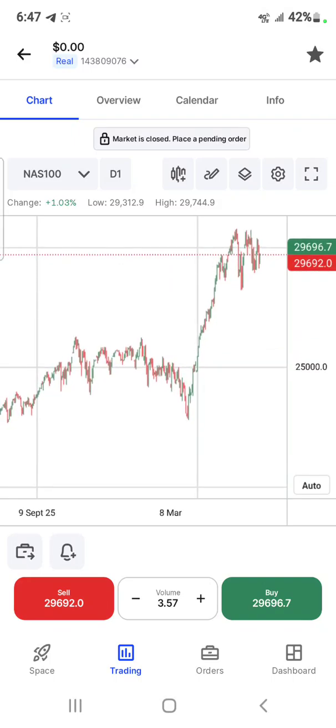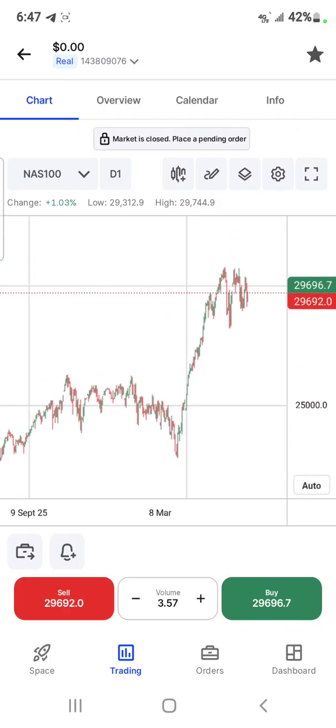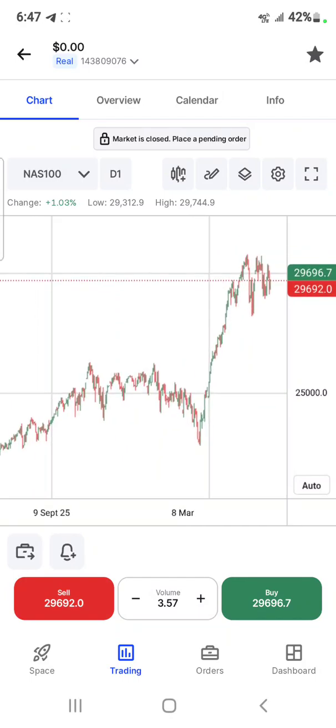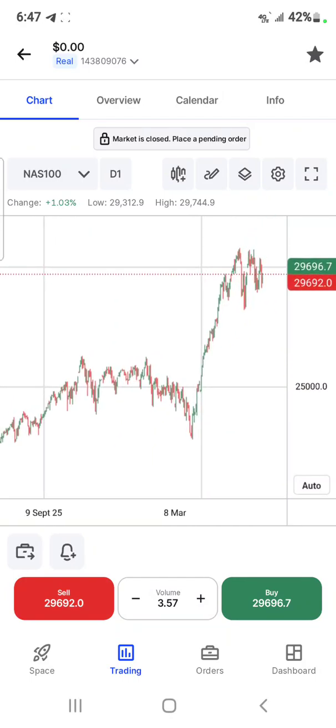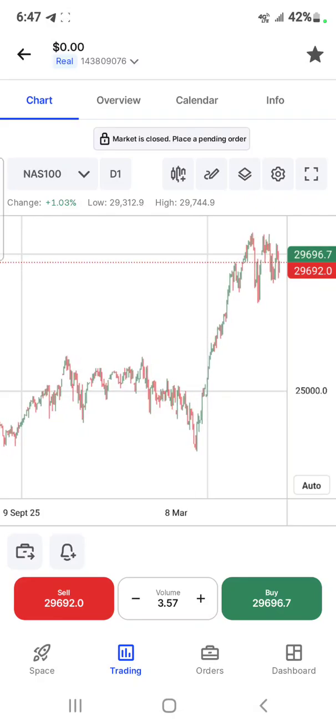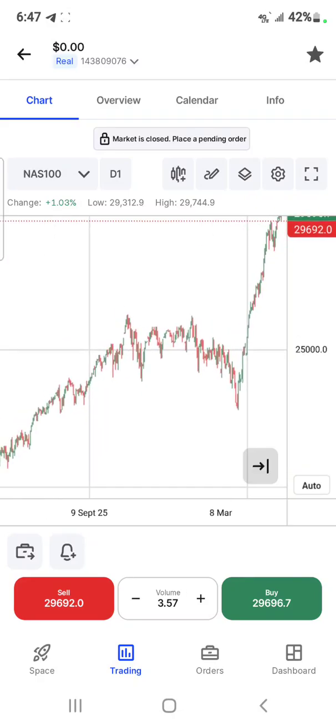On this pair, you can see right here, we are on a daily time frame on this particular pair, NAS 100. And from the view of this chart, you can see that the market is in an uptrend.